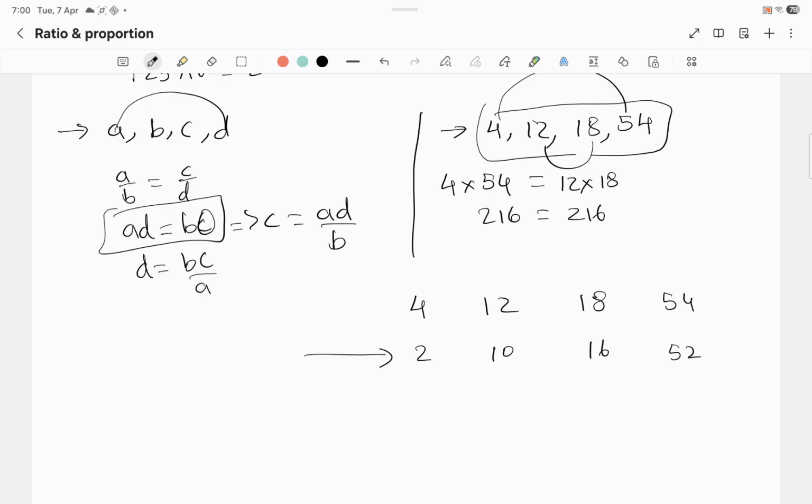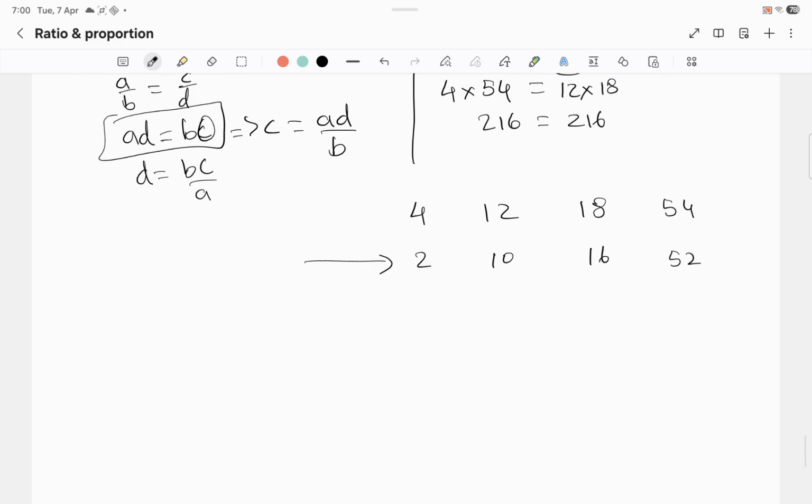One process is to use the options in the question, or otherwise you can do it like this. First find the difference of the first two numbers and the last two numbers. The difference is 8 and the next difference is 36. Now multiply this 8 to the first number of the second set and 36 to the first number of the first set. So 8 16s are 128 and 36 2s are 72.